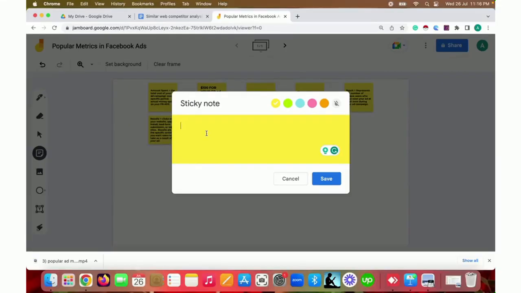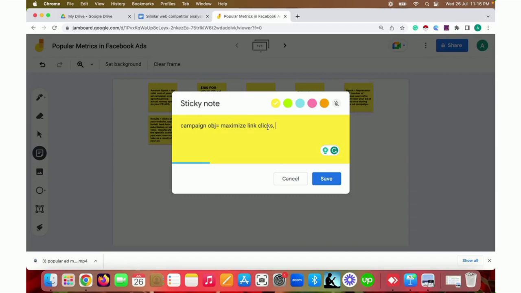Let me explain this with the help of an example. Suppose your campaign objective is to maximize link clicks. Facebook will optimize the delivery to show your ads to people who are more likely to click on the links within the ad. Because your campaign objective is to maximize the link clicks, you want more and more clicks on the links which you have given in your ad.